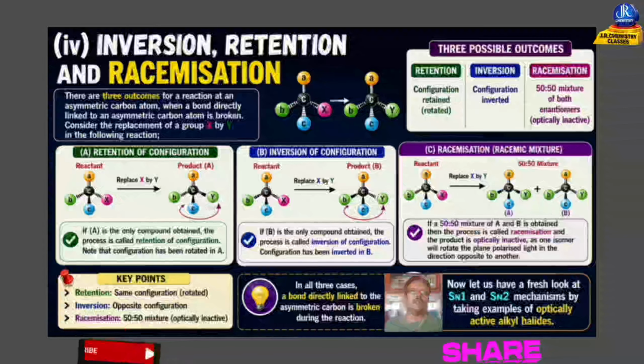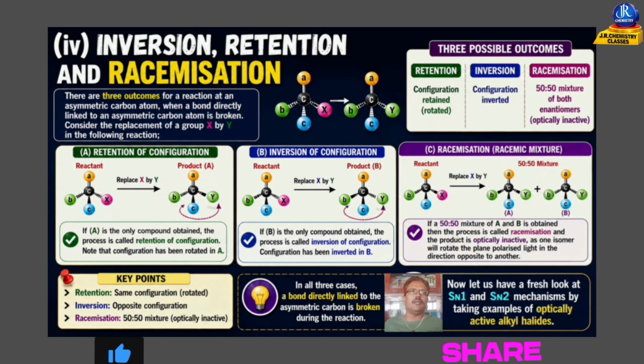Configuration has been inverted in B. If a 50:50 mixture of A and B is obtained, then the process is called racemization and the product is optically inactive, as one isomer will rotate the plane polarized light in the direction opposite to another.